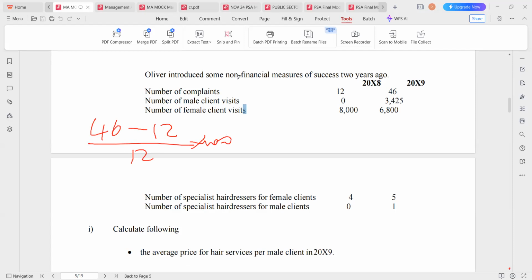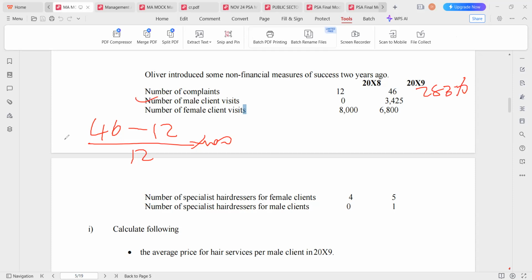Yes, because it's the new minus old all over old times 100. It's supposed to be 283.3%.